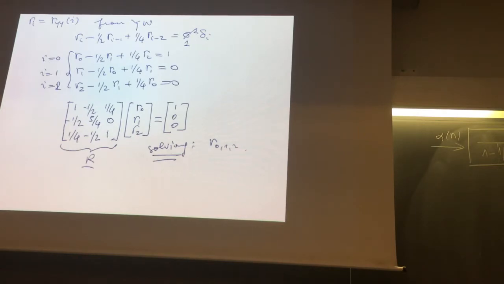Perfect, okay. And then the vector is 1, 0, 0, so I get the inverse of this R multiplied by a vector of 1, 0, 0.